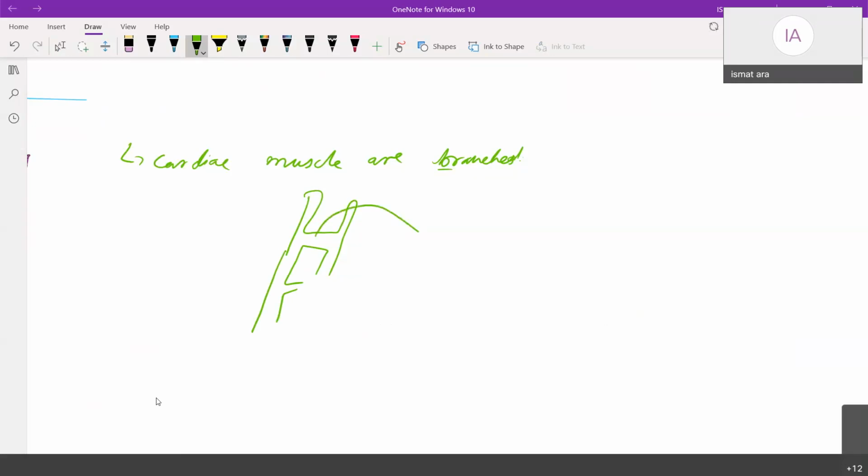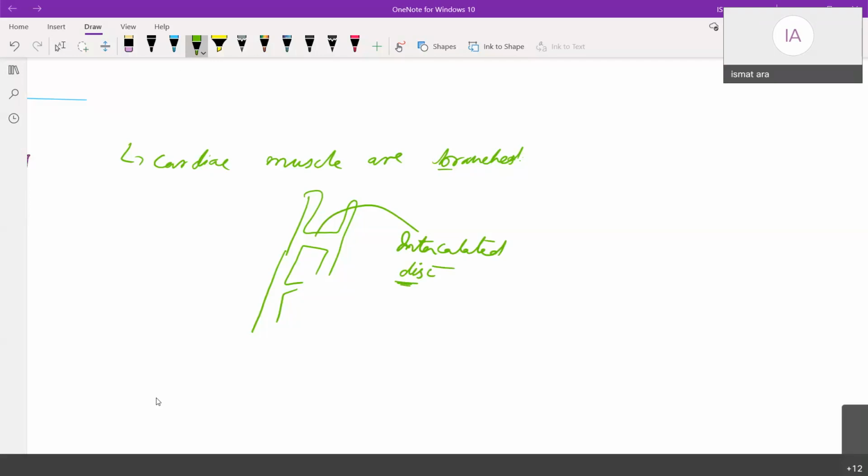What is the name of this connection? With this, the impulse can transfer into this branching. They are called intercalated disc.